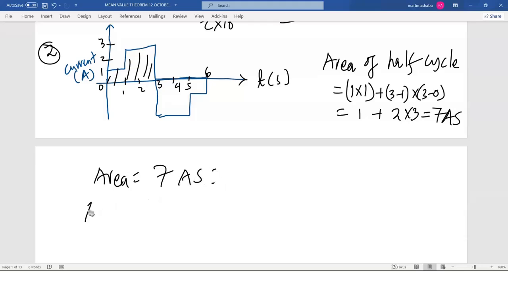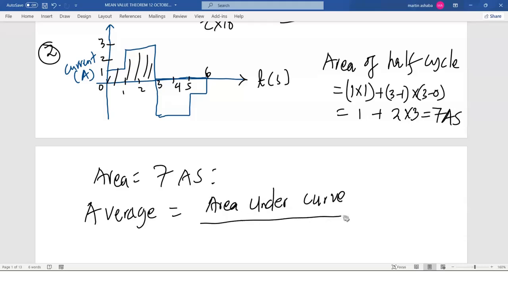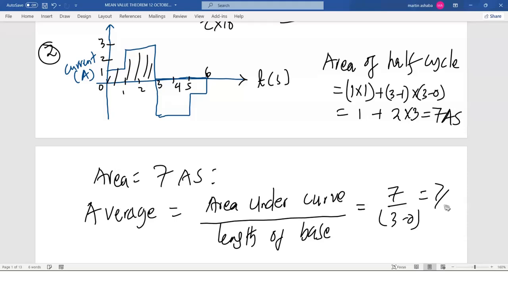What about the average? Average will therefore equal the area under the curve divided by the length of the base. Area under the curve is 7. Length of the base is from 0 to 3, so 3 minus 0. So this is going to give us 7 out of 3.